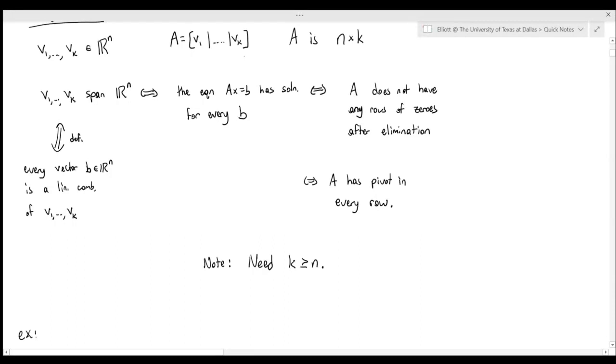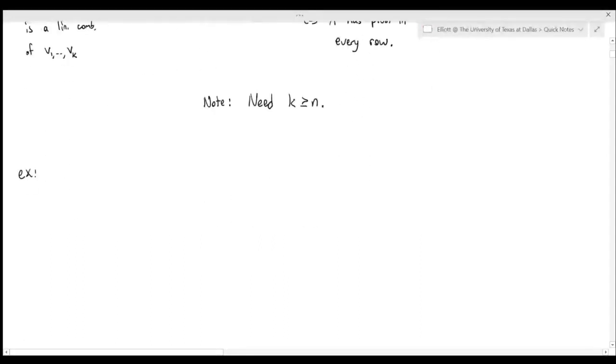That's kind of intuitive. If I look at a very quick example, if I create any two vectors, and let's quickly consider if the vectors v1 and v2 would span all of R3.